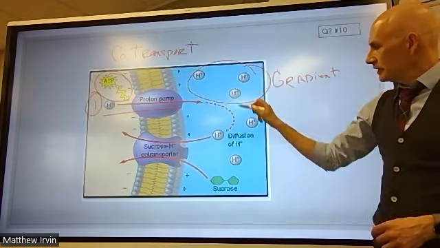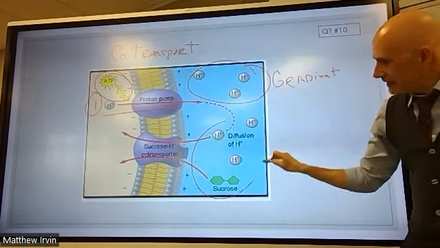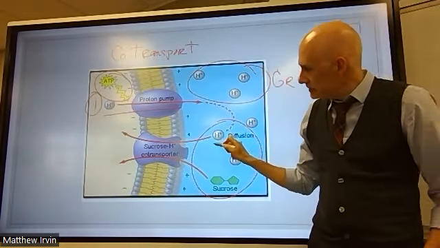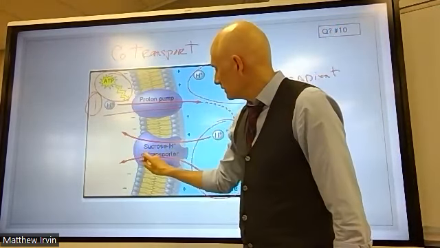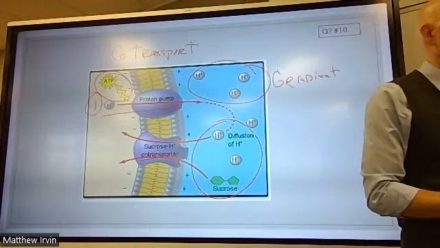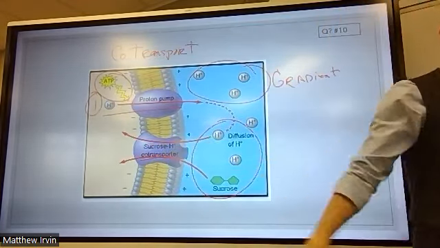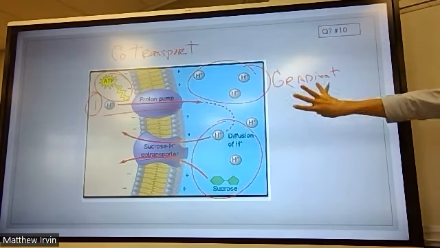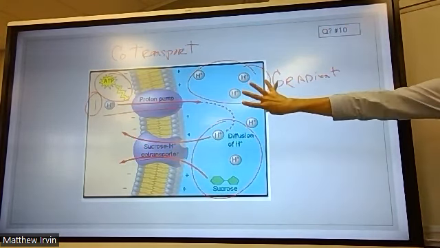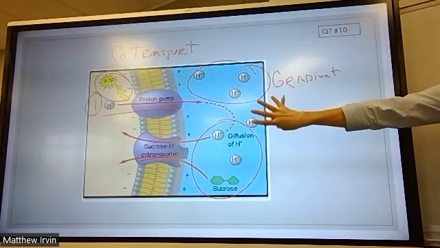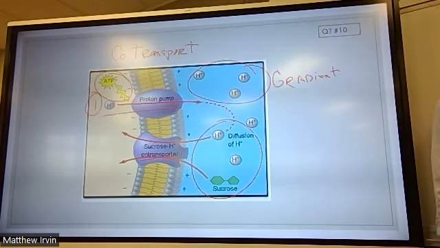And then this gradient is needed, so both of these have to go through this co-transport protein together. If you don't make the gradient, then the sucrose cannot go through. Where would we see this co-transport happening? What kinds of tissues in plants?